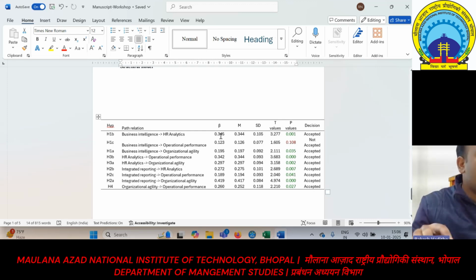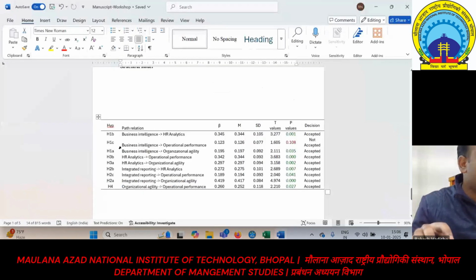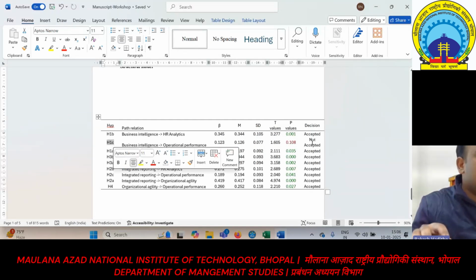In brackets, we have to give the beta value and the p value. In the discussion we have to write that the results provide strong support for the proposed hypotheses H1, H2 and H4. In our study, H1C is not getting accepted. There we have to mention no significance.